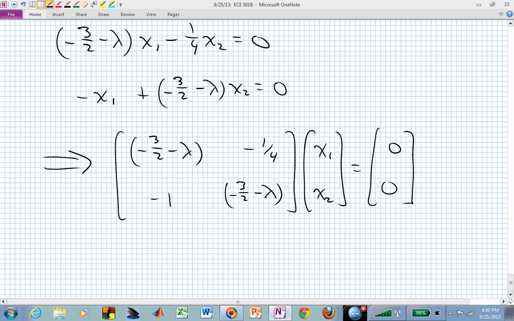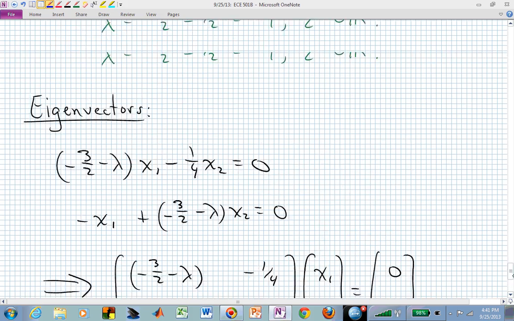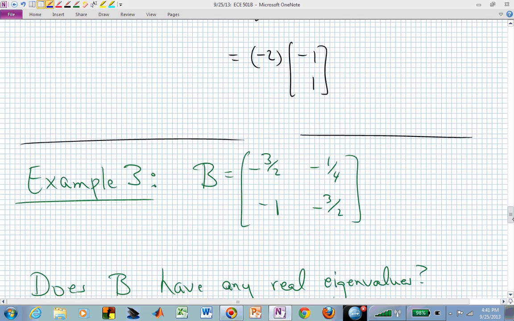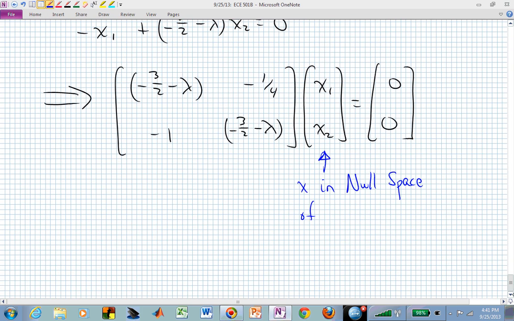This vector now, x, is in the null space of, did I start with this matrix? Yes, I called it a B, didn't I? So now I can say that B matrix minus lambda I. That's really what this is, isn't it?